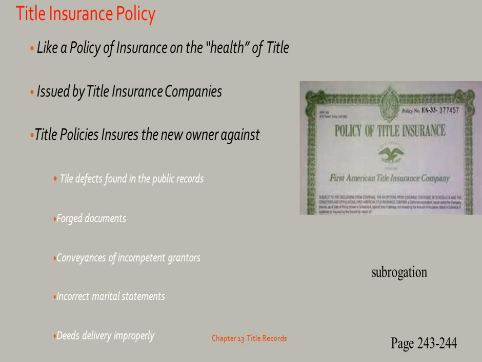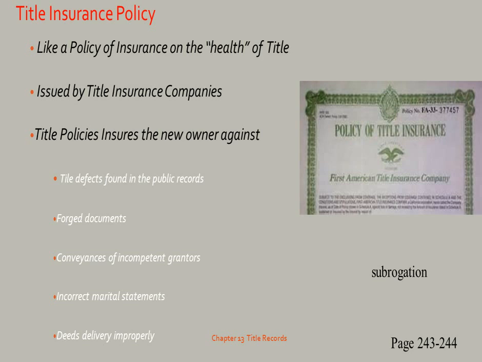Subrogation says that after the purchaser purchases the property, if in fact there is a defect in title and that causes loss to the buyer, the title insurance company will come in and pay the buyer off, the new purchaser off, as the policy will explain to them. And then by right of subrogation, the title insurance company then can turn around, and whoever it was that caused the loss, the title company can go and sue.